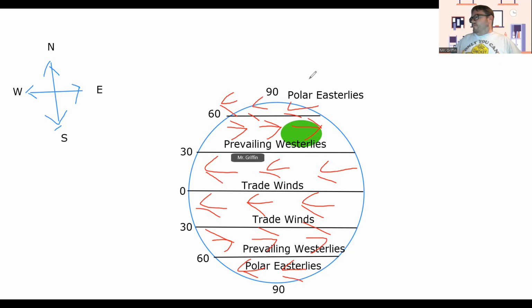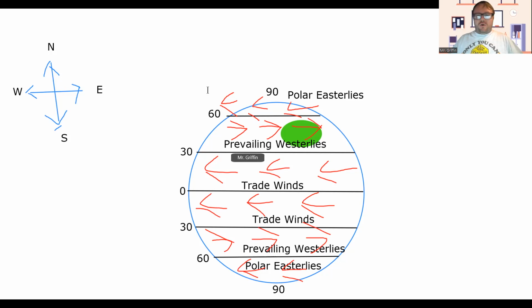So everything we have discussed about global winds impacts our weather. So thinking about how global winds impact our weather where we are. We are located in that green circle that I drew earlier.